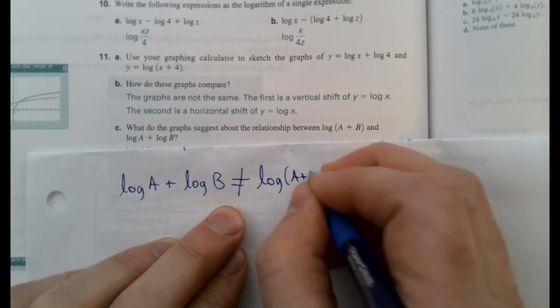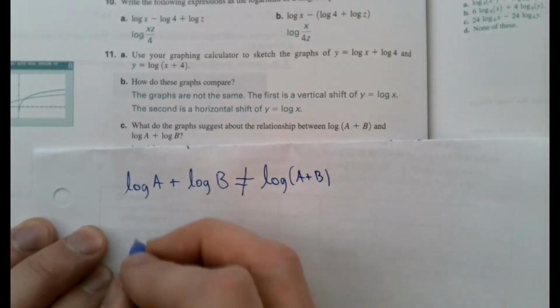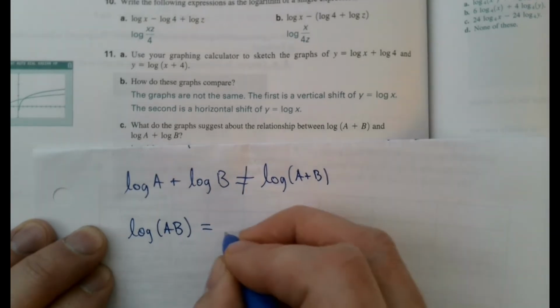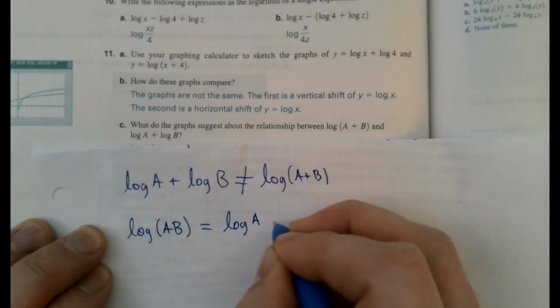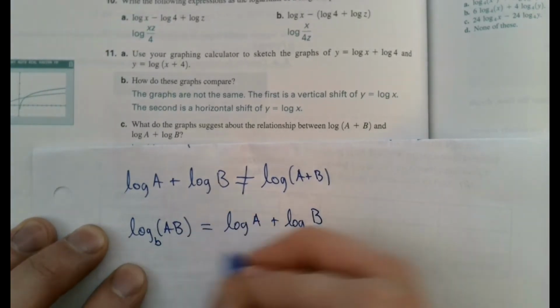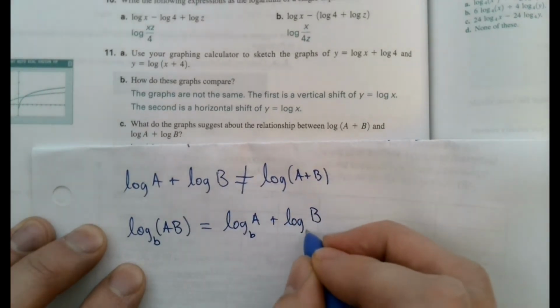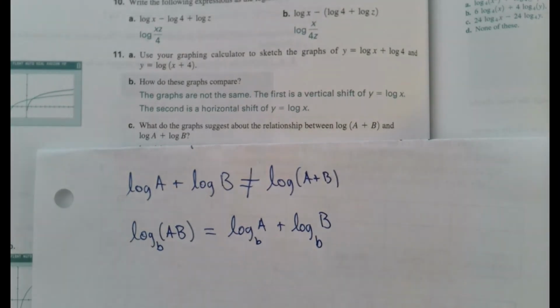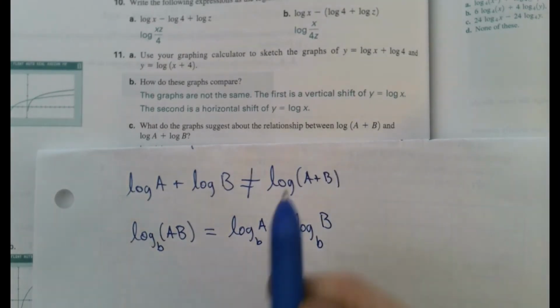Now, a mathematician would be like, come on, of course that's not true, right? We showed that log of a times b is equal to log a plus log b. In fact, we did the more general case where we put in a base b here. So it didn't matter the base, the log of the product is equal to the sum. So there's no way this is true.